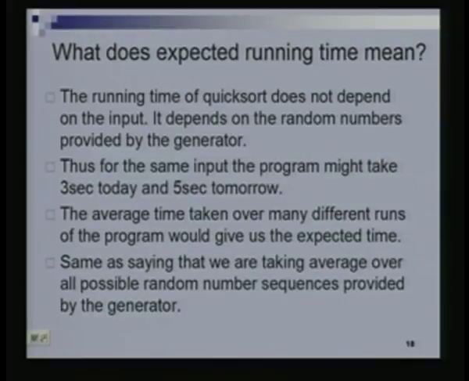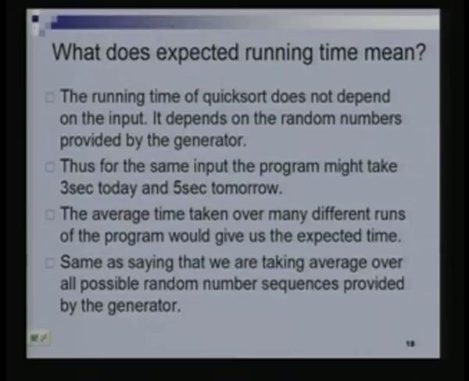I fix an input, the running time could be some value today, it could be some value tomorrow, because the random numbers generated could be different. And what we have done is take expectation over these different random numbers that have been generated, by saying that today we will compute what the value is, tomorrow we will compute what the value is, and so on, and take the average.